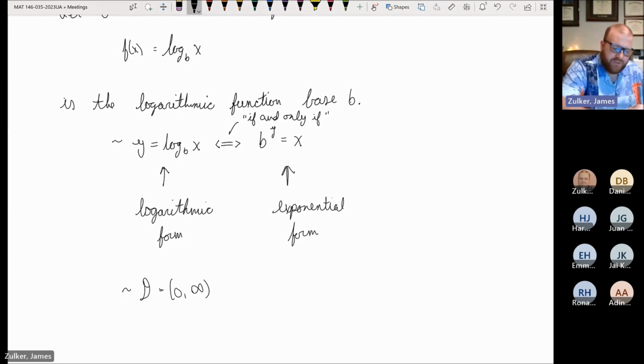Has domain of positive real numbers. Has range of all real numbers.